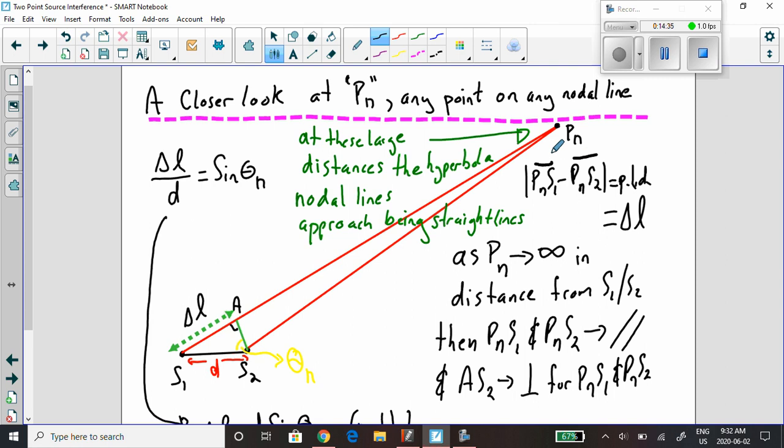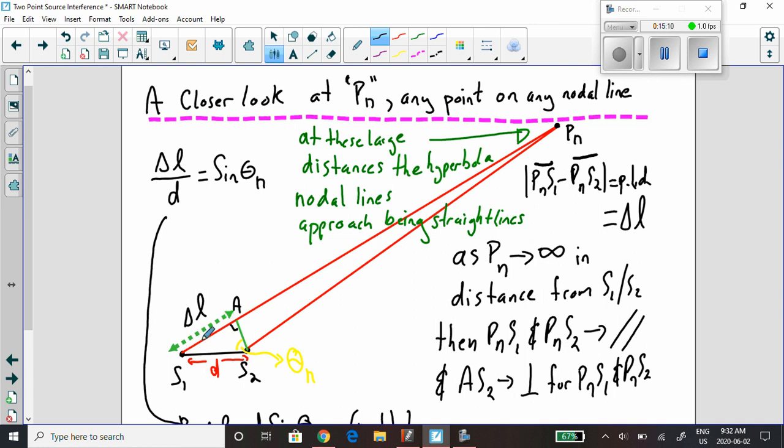that there is a difference in the length that the wave had to travel. So PnS1, this distance right here, the one on the left, minus PnS2, this shorter distance right here on the right. That is known as the path length difference, which most teachers, most physicists, most mathematicians will call delta L, because there's a difference in the length between the two of them. And I'm going to show you where delta L is. It's right here.